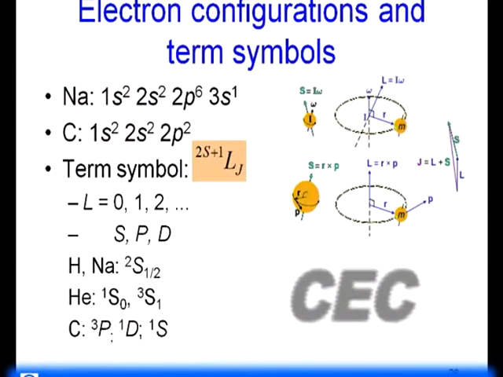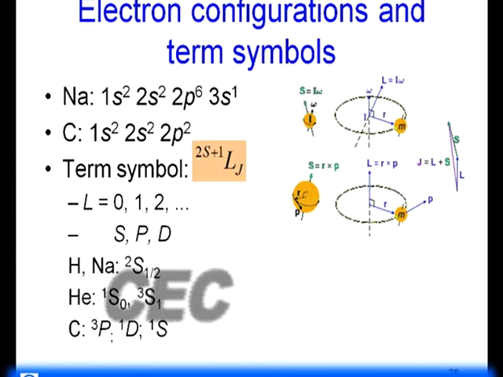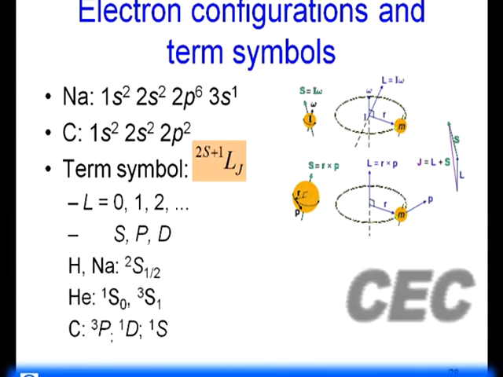In this case, because L is equal to 0 and S is equal to 1/2, there is only one possible value, and that is 1/2 plus 0 or 1/2 minus 0, both of them equal to 1/2. So the only state which is possible is 2S1/2. This tells us a lot about the type of electron configuration without writing down the whole thing, and it also tells us that hydrogen and sodium have the same kind of electron configuration.